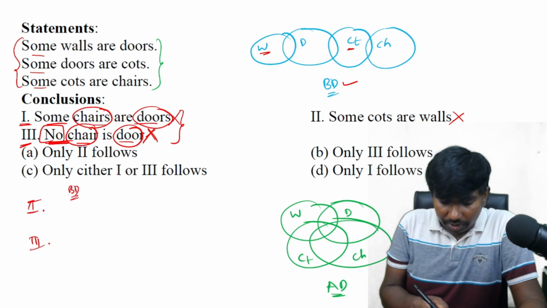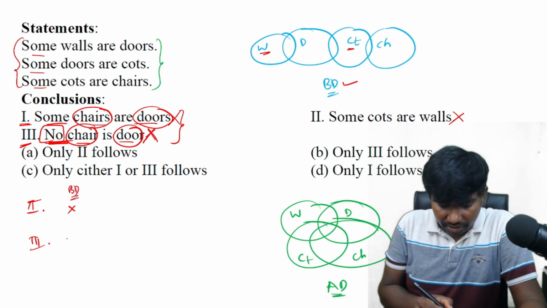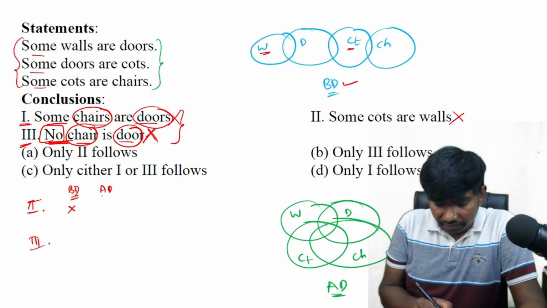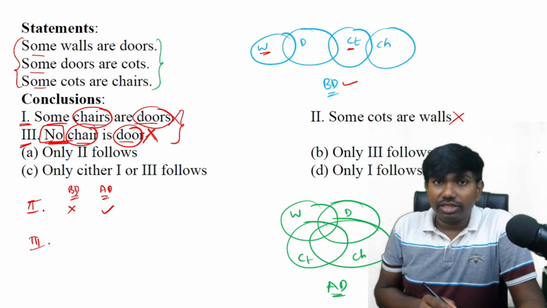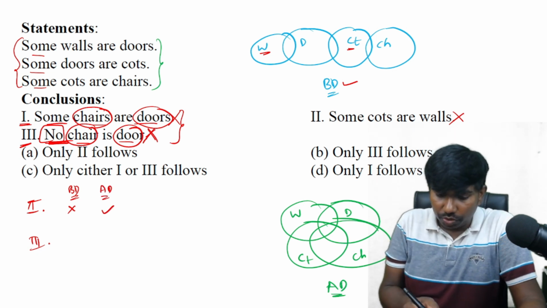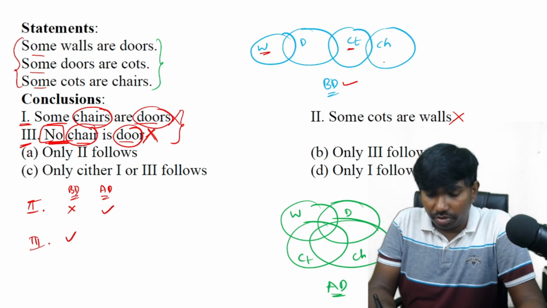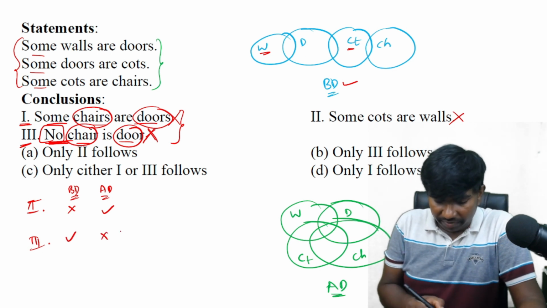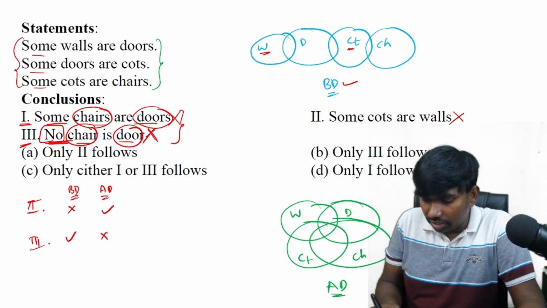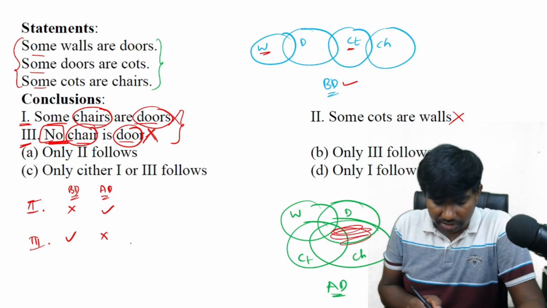In the basic diagram, first is fail, and in the alternate diagram, first is true. But in third, no chair is door, the basic diagram is true because there is no intersection between chair and door, right? But in the alternate diagram it is fail because there is an intersection between chair and door. Because of this intersection, this is fail.